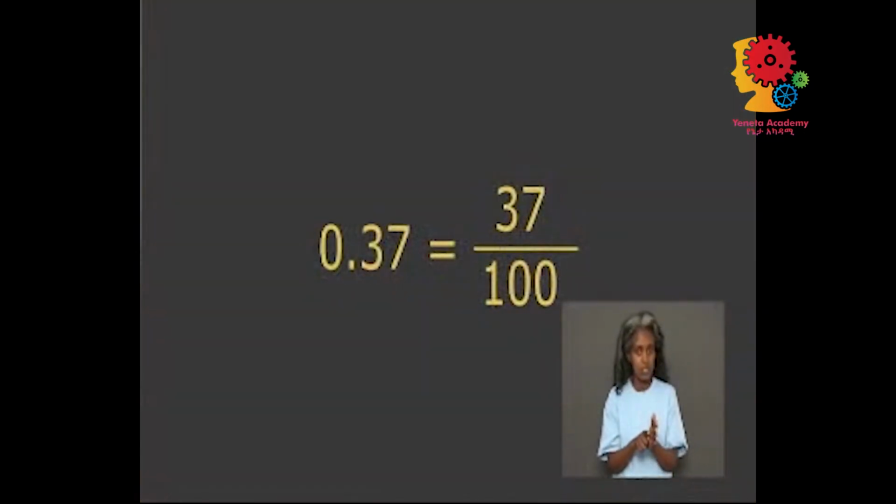For instance, the decimal number 0.37 can be expressed as 37 over 100. Remember, students, that the places to the right of the decimal point provide us with our denominator. The first place denotes a tenth. The second place denotes a hundredth, and so on.